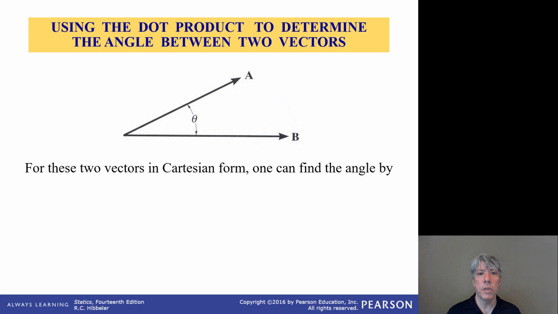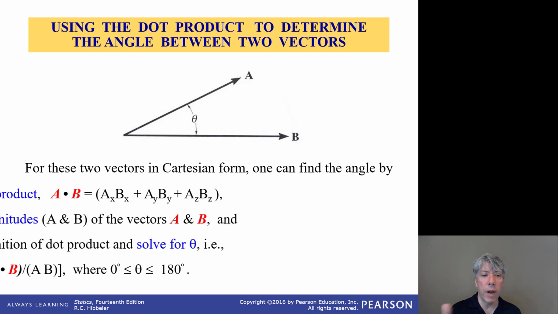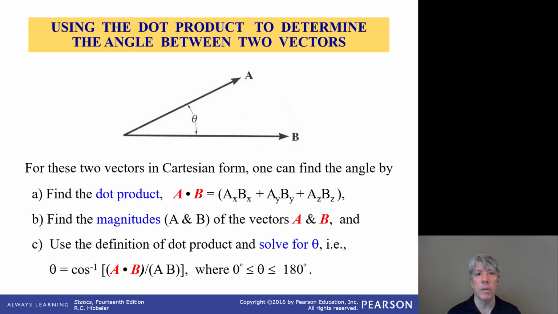Now, if we want to use the dot product to determine the angle between two vectors, such as those two cables that we talked about earlier, we can find the angle by doing this. First of all, find the dot product between the two given vectors, because, of course, we would have AX, BX, AY, BY, AZ, BZ, because we know the endpoints of those two cables, or in this case, we know the two vectors.